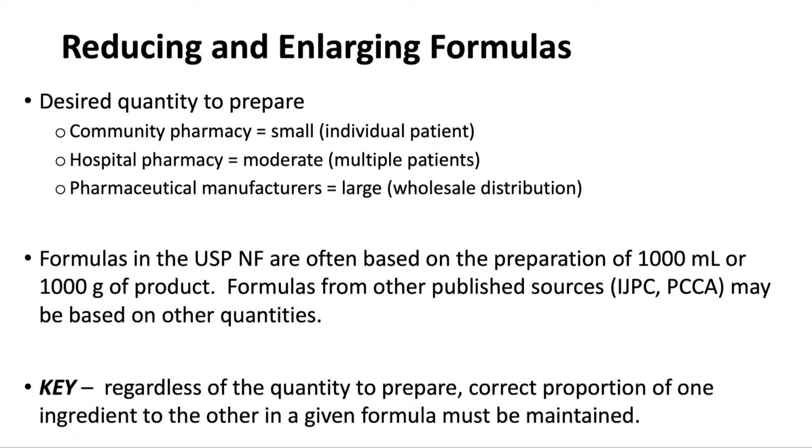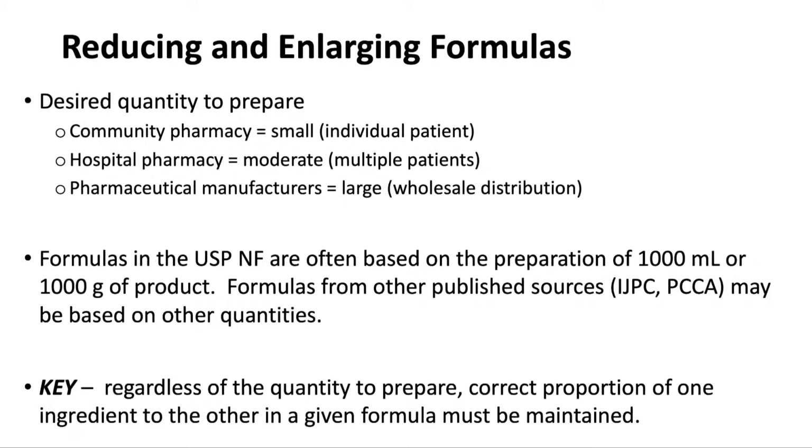Whoever wrote that formula might have been an individual pharmacist, who, therefore, in a hospital, you need to scale that formula up. Or maybe you're getting a formula, for example, from the United States Pharmacopoeia's National Formulary, so the USPNF. It is a book that has many recipes for compounds that have been made for many years, and they're kind of standardized.